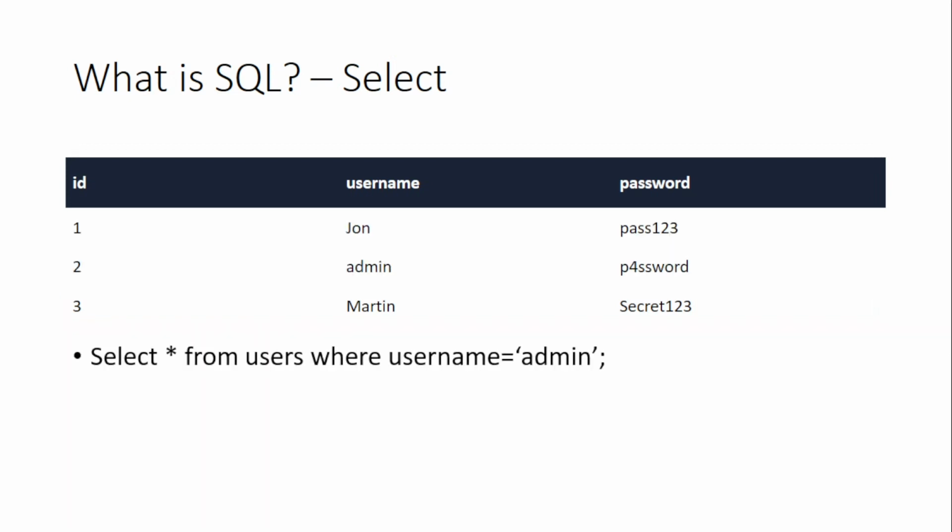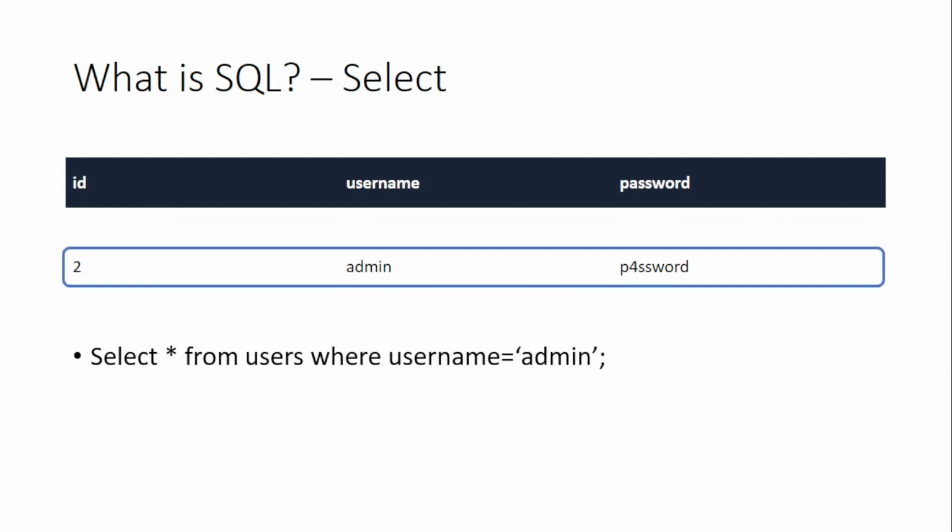And also we can specify the exact data we require the database to return to us, and that is by matching a specific information. So for example, select asterisk from users, and the next part is what is different, where username, so username here is the column, equal admin.